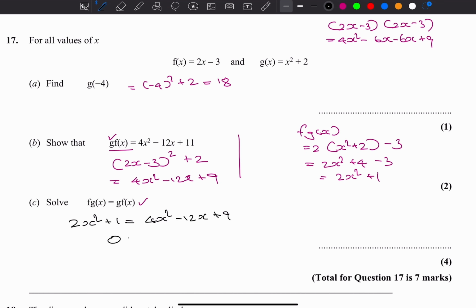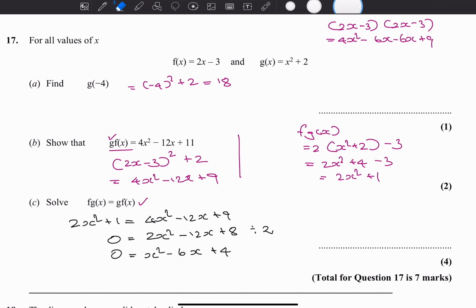Bring everything to the right hand side. 4x squared take away 2x squared is 2x squared minus 12x. That's it. There's no other x's. Plus 9 take away 1 is plus 8. Now remember, you can divide it by 2. So divided by 2, 0 equals x squared minus 6x plus 4. Sorry.